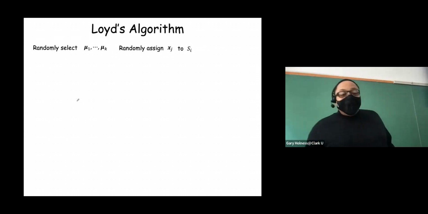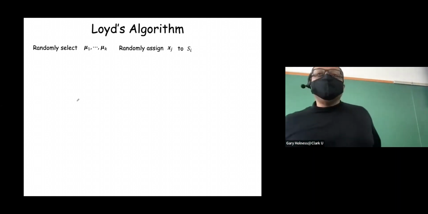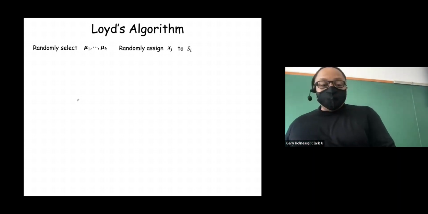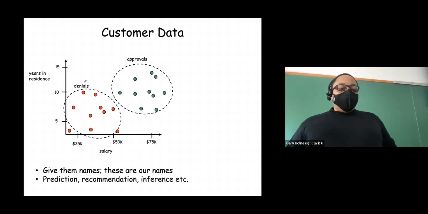All right. Now, every cluster has what's called a center. And that center represents, just as the name implies, the middle of that grouping. And so here we have 2 groupings. One grouping we've called the denials. That's our label, our name. The other grouping we've called the approvals.